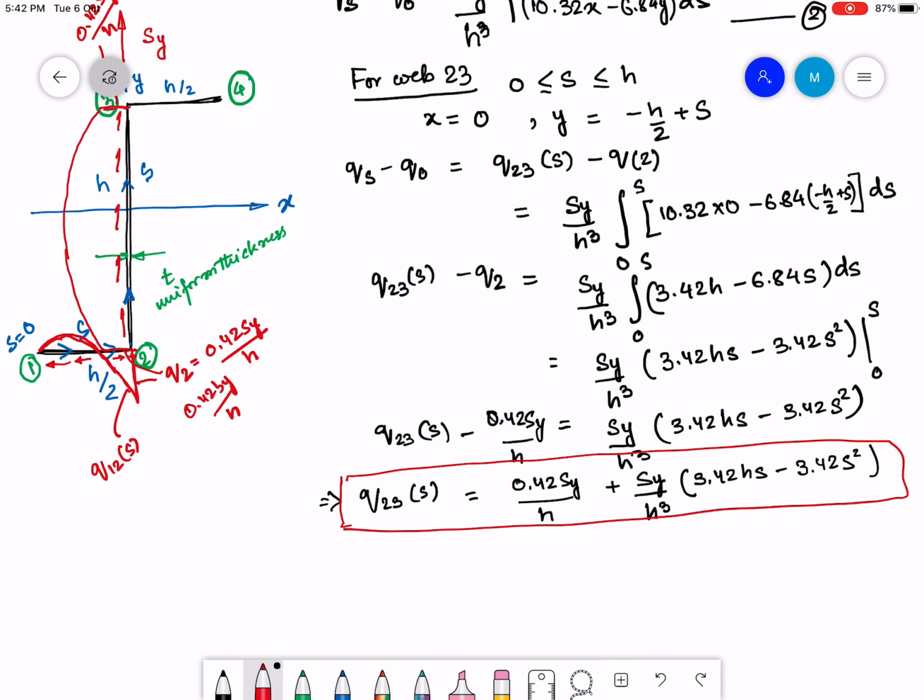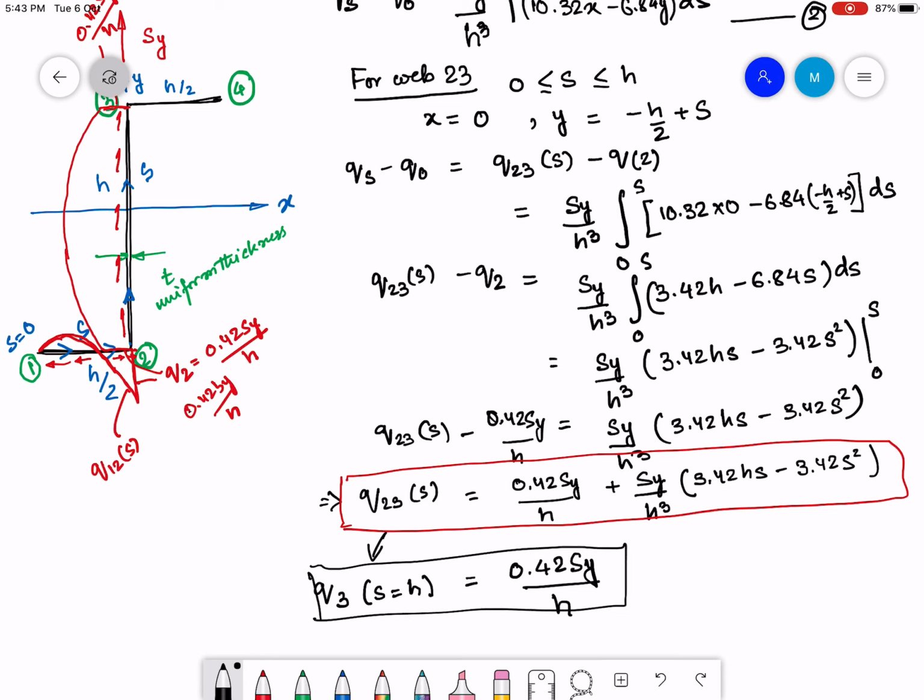Now from this expression, what is Q3? Q3 is going to happen at S equals H. If you put the value of S equal to H, you will see that it is going to be 0.42 Sy by H. So at point 3, this is also going to be 0.42 Sy by H.